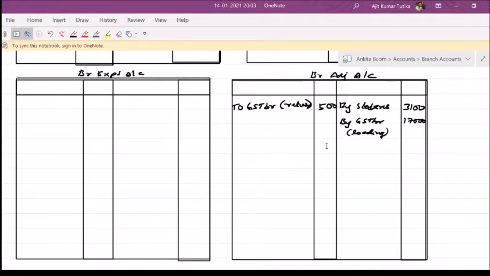Some accounts need to be made, some accounts don't need to be made, and sometimes these accounts don't have any relevance. If he is asking, then we will do. If he doesn't ask, we won't do it. That is how it works. In this case, he is not asking branch P&L account. Sometimes if he is specifically asking, you can do it. Otherwise you can manage with branch adjustment account.